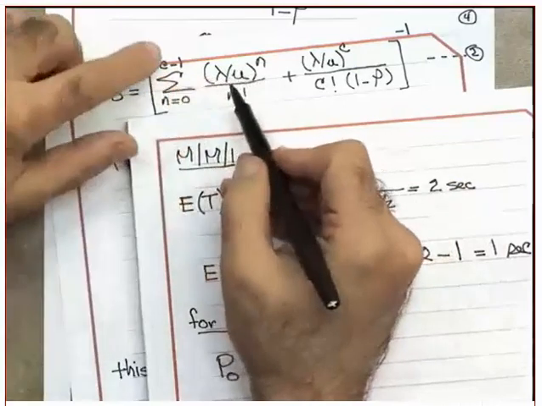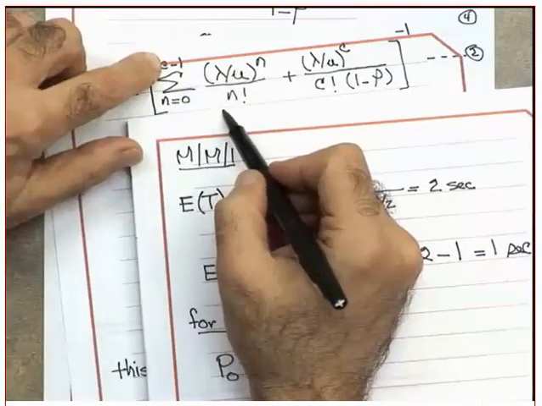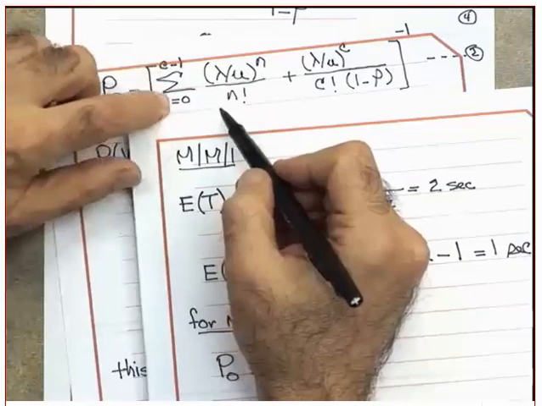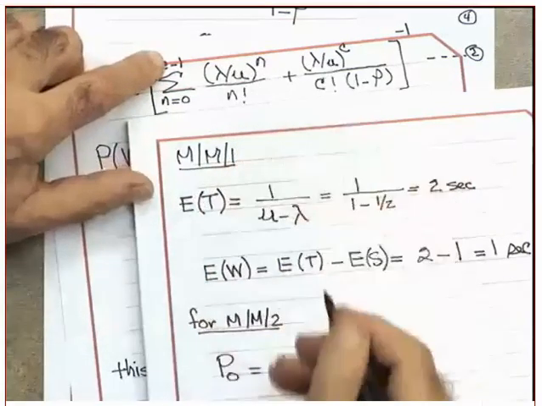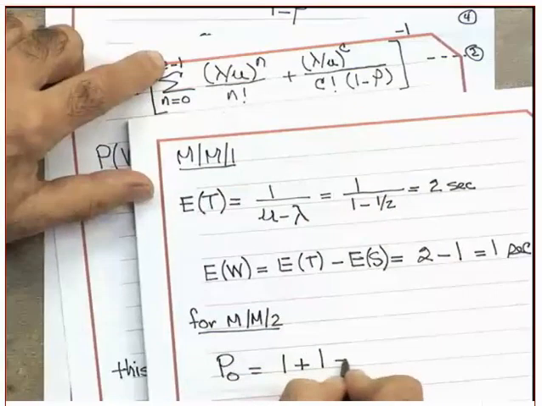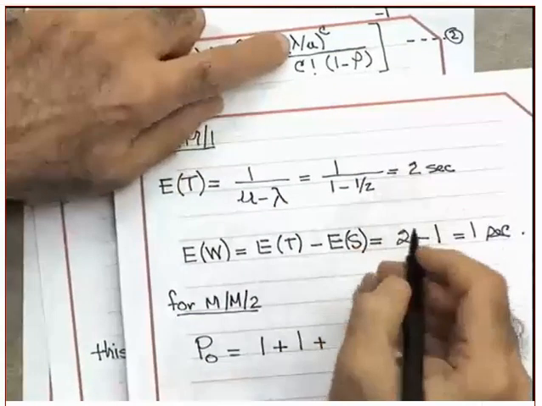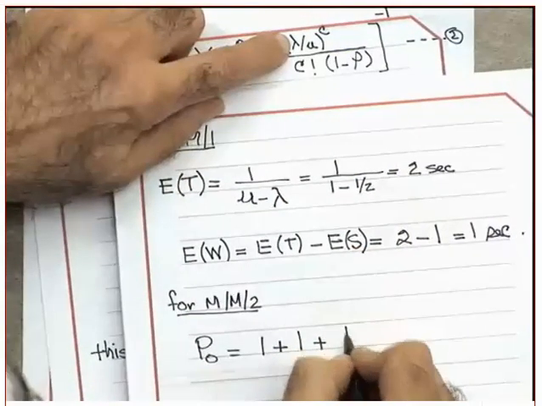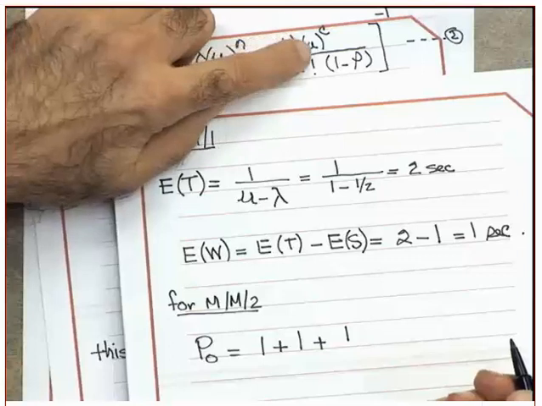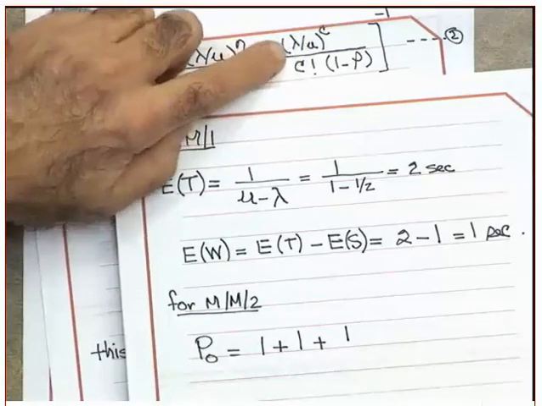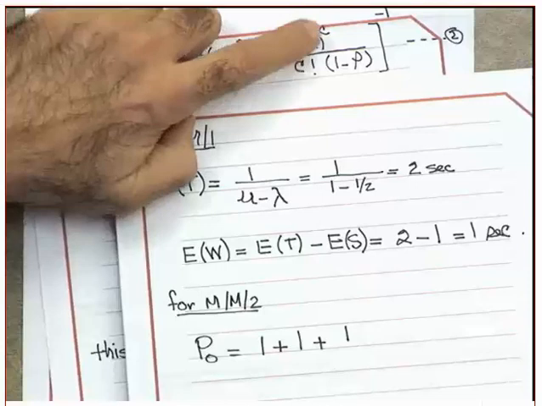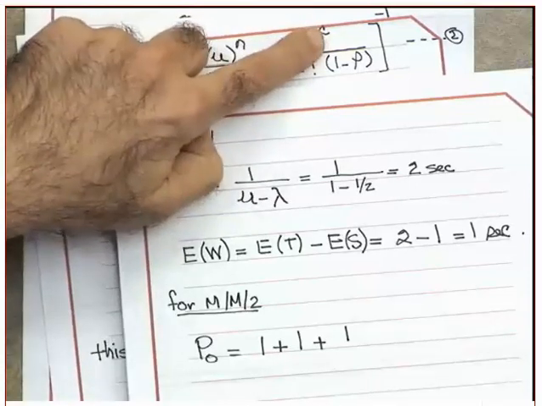The second term is when N is equal to 1. So I also have 1. Do you agree? Okay, 1 plus, what is this? Did I mess up? Lambda over mu is 1 raised to the power 2.